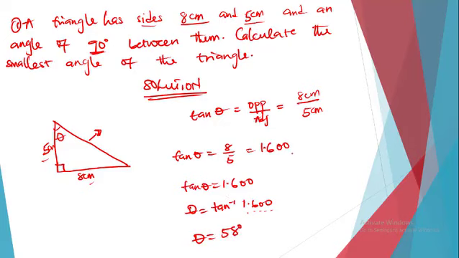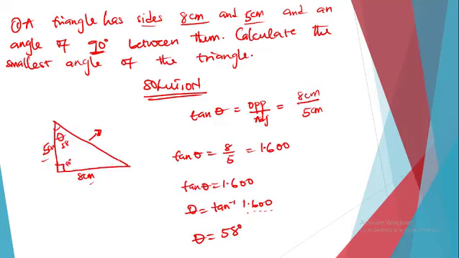Now we are looking at the third angle in this triangle. Remember, the total angle in a triangle is 180 degrees. So theta here is 58 and this is 90.